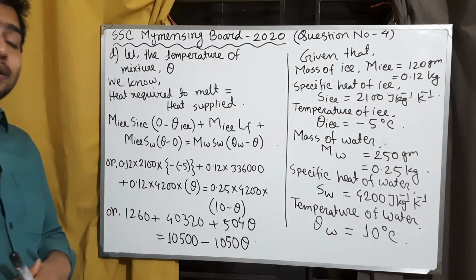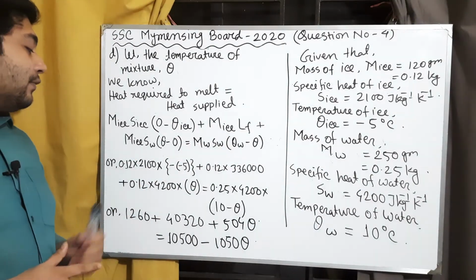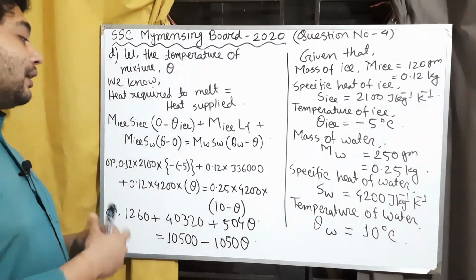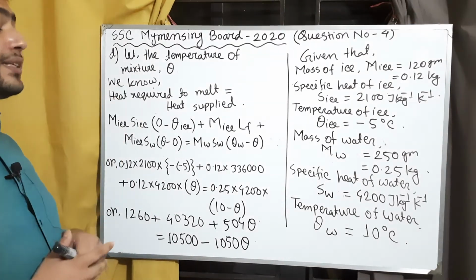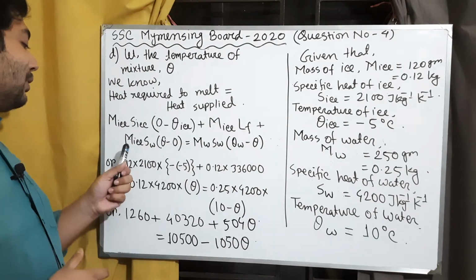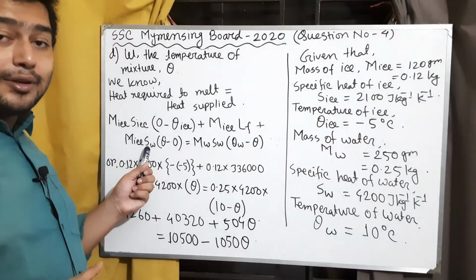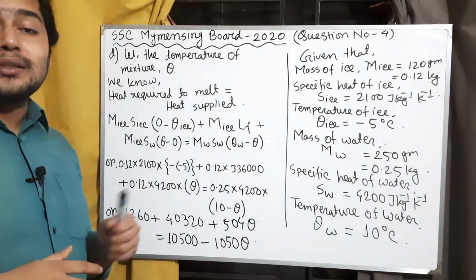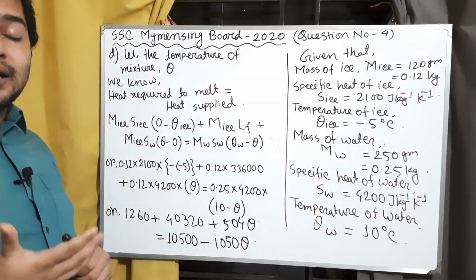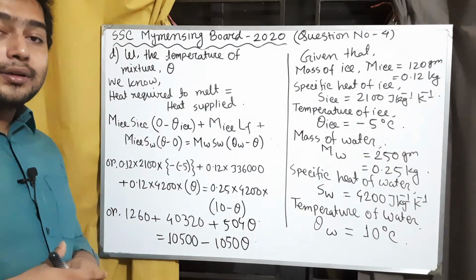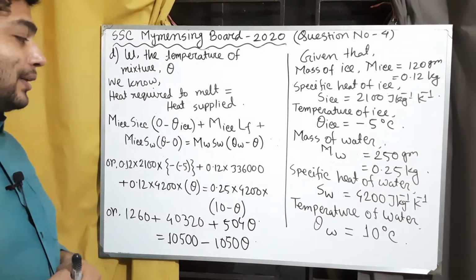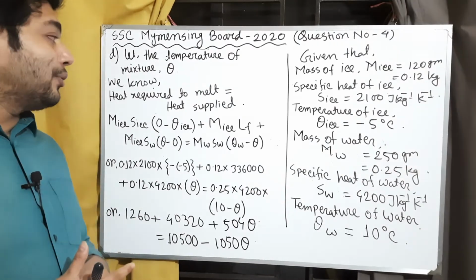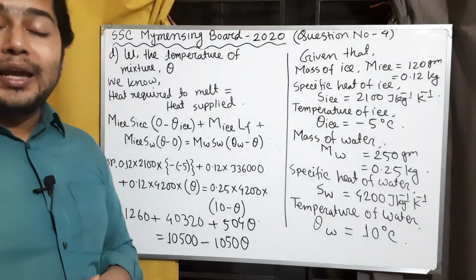And finally the 0 degree Celsius water will turn into theta degree Celsius water, so m ice into s w, here the state is water, then theta minus 0. Here theta is the final temperature minus 0 degree Celsius.